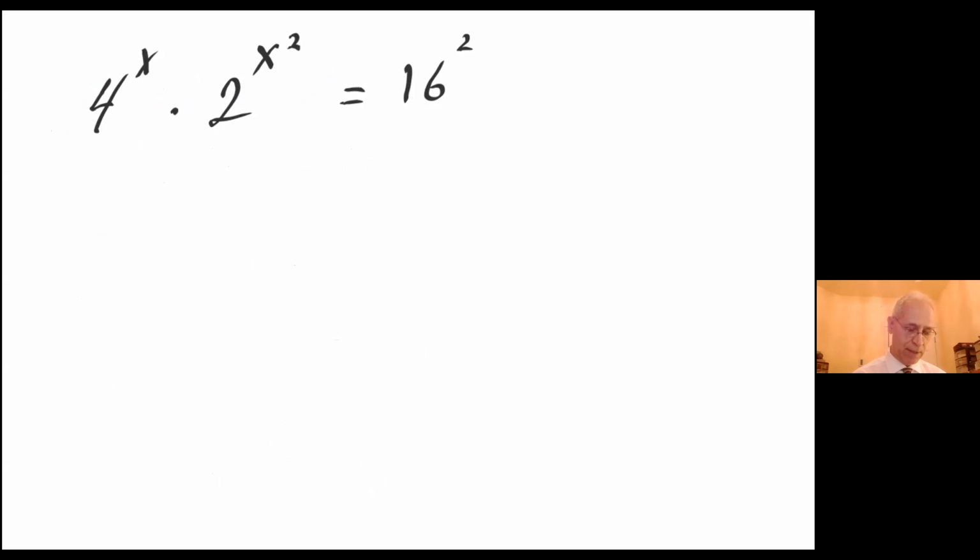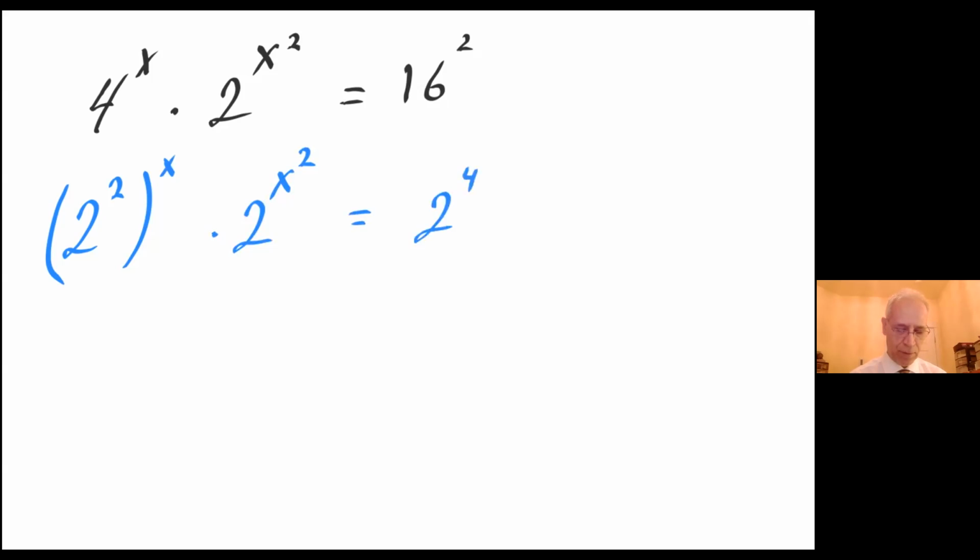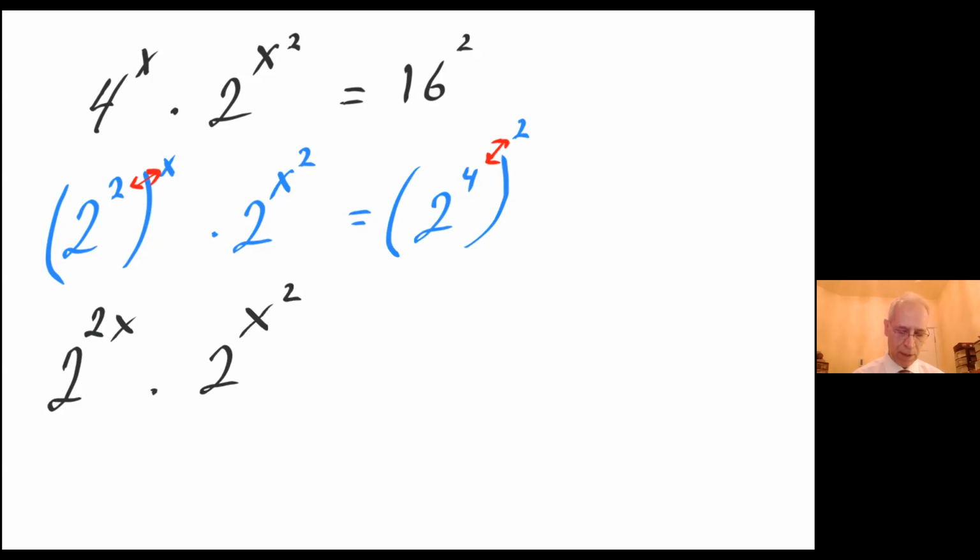So I'm going to rewrite this as 2 squared to the power of x times 2 to the power of x squared equals 2 to the power of 4, for 16, to the power of 2. And I have power of power in here and in here. So I'm going to rewrite this as 2 to the 2x times 2 to the x squared equals 2 to the power of 8.